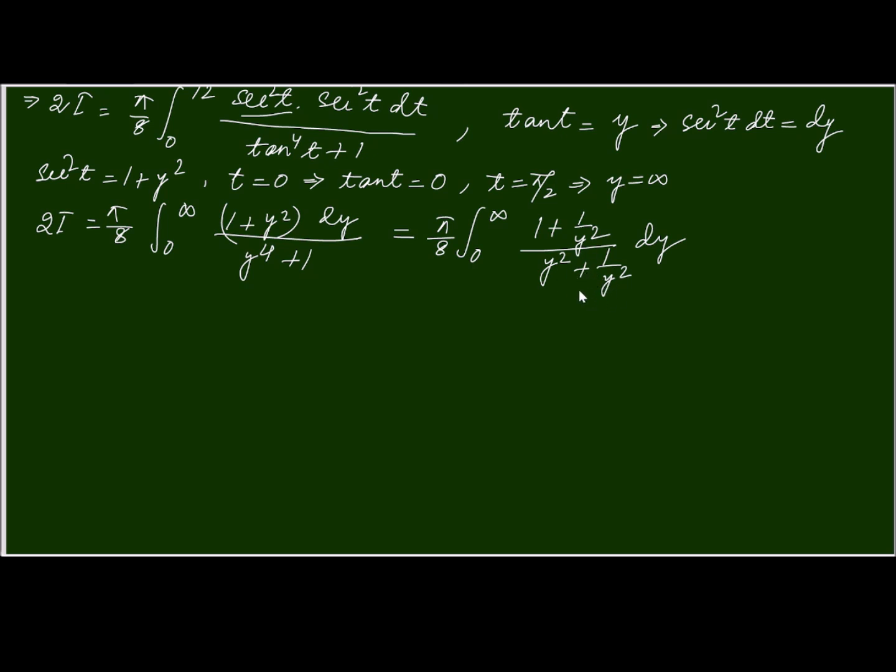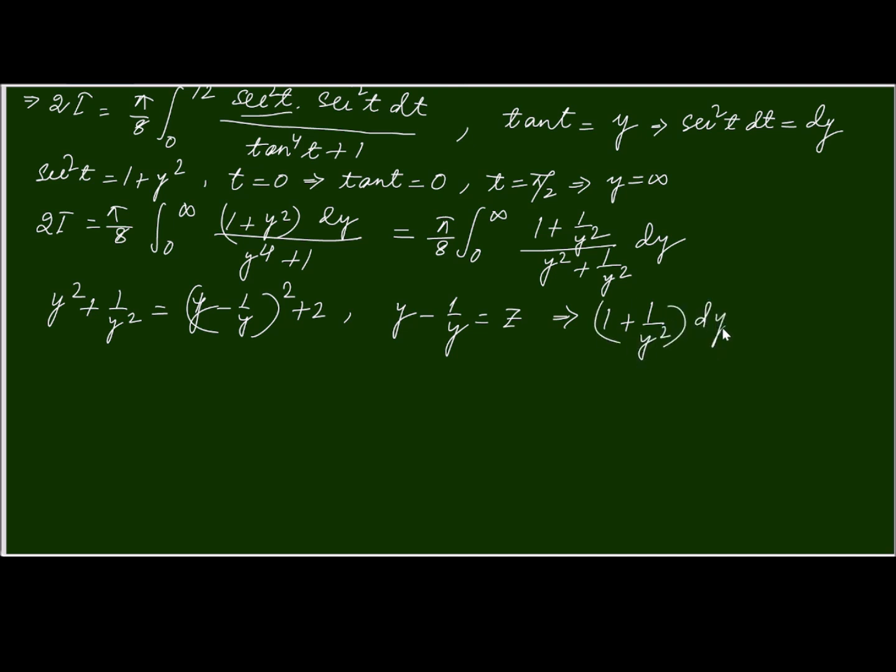Here this denominator I will convert so that its derivative is the numerator. So I am taking y square plus 1 over y square equals y minus 1 by y whole square plus 2, so that I can take y minus 1 by y equals z, then 1 plus 1 over y square dy equals dz.